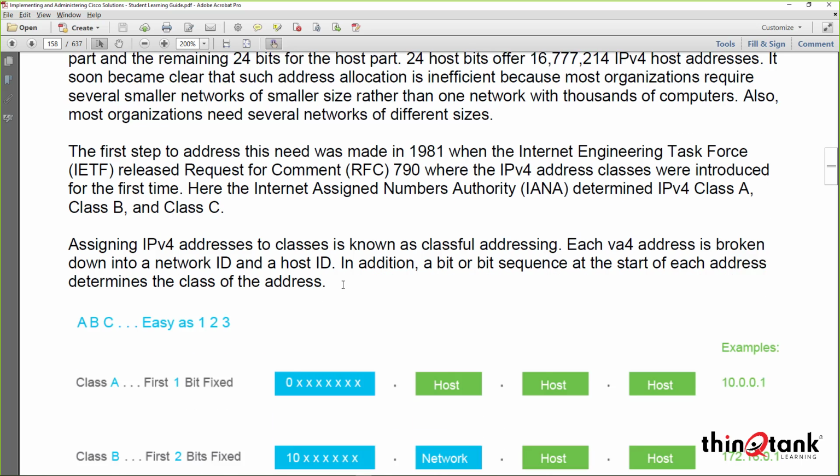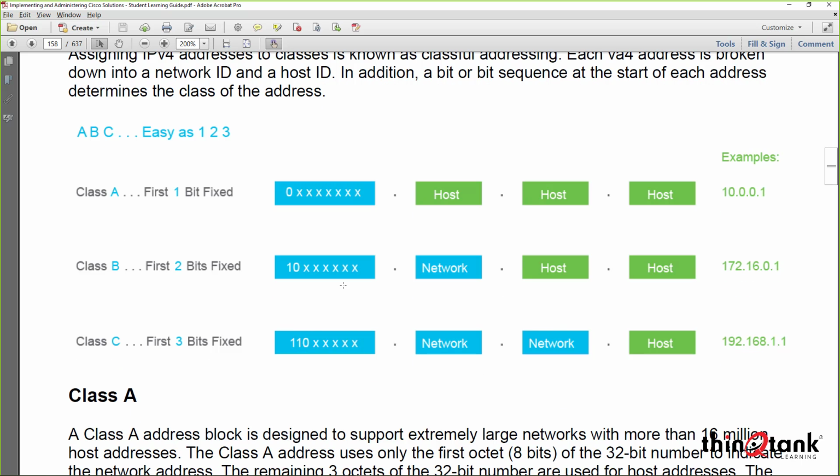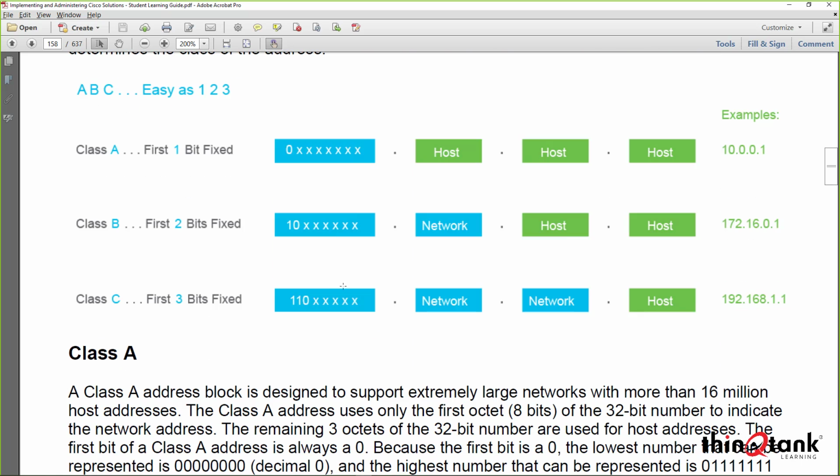But these classes that they defined, what they basically said is, look, and there's a reason why this happened, by the way, and I'll describe that in a minute. Let's predefine the network sizes based on the class of the address.